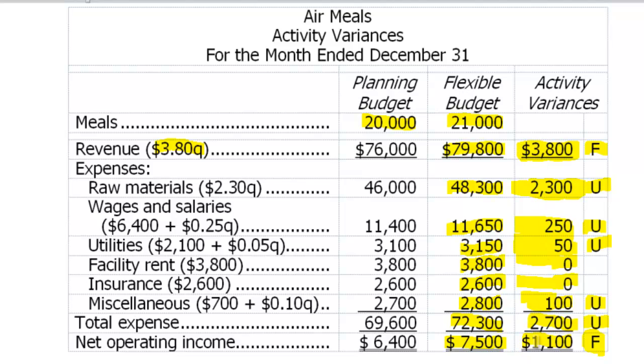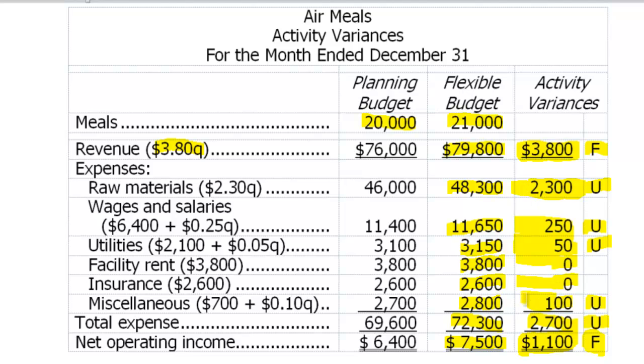When you look at the net operating income, you can look at how much more revenue we have compared to how much more expense we have. This $1,100 favorable variance means that our net operating income goes up based upon the increase in meals.